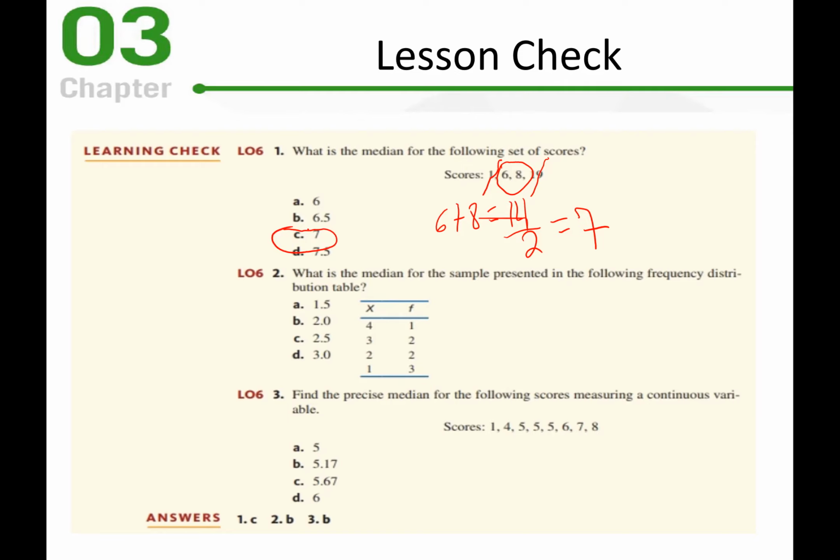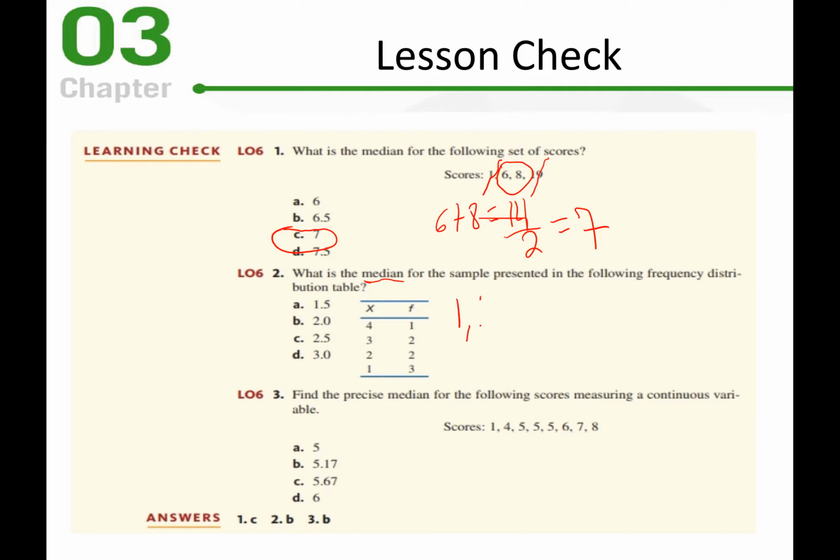All right, the next question asks, what is the median for the sample presented in the following frequency distribution table? So what is the middle point, right? The best way that I would go about doing this is to list out the scores from least to greatest. So we know there's 3 people who received a score of 1.